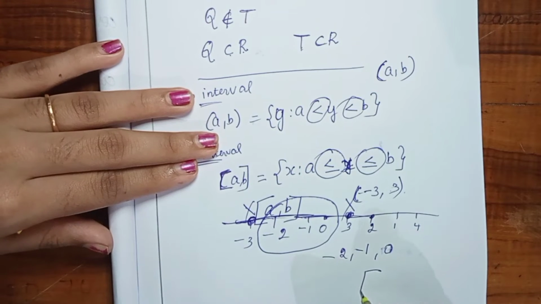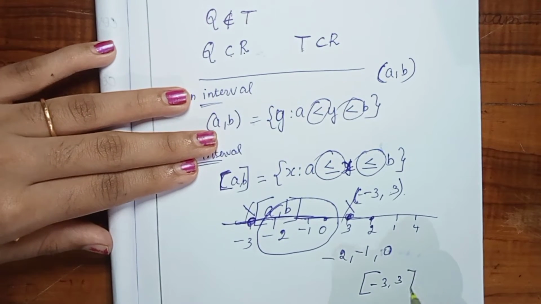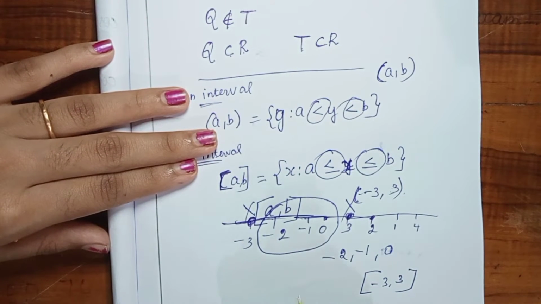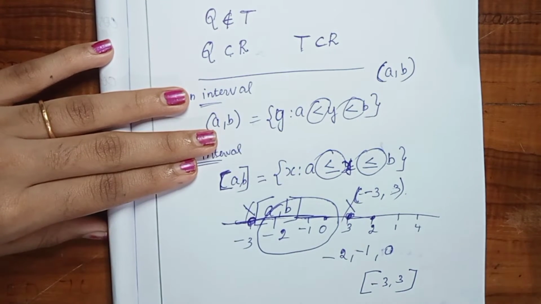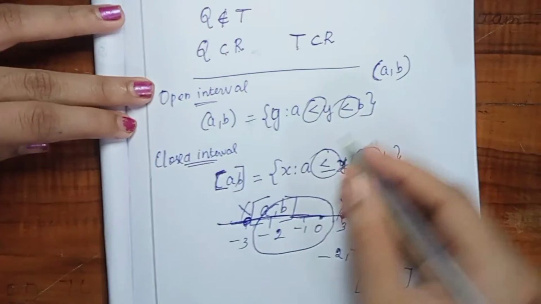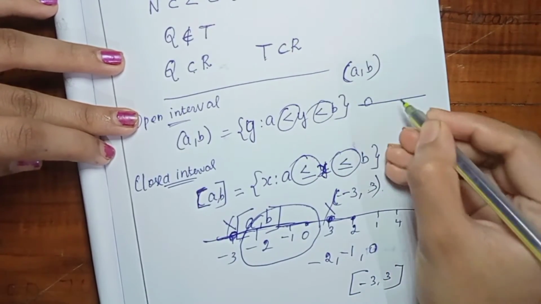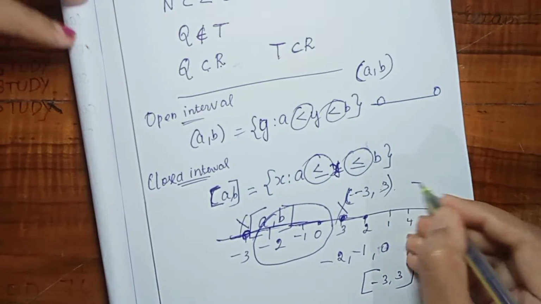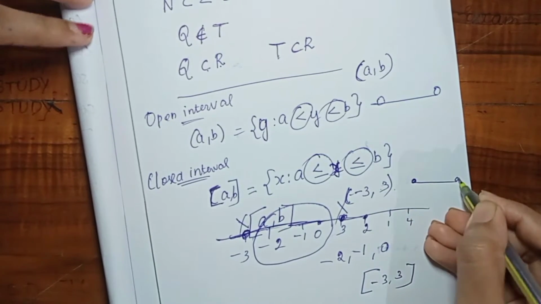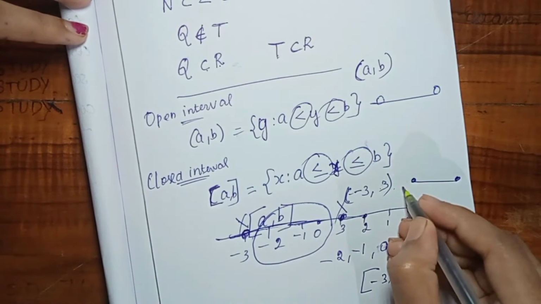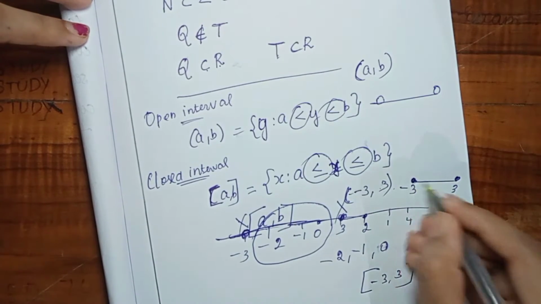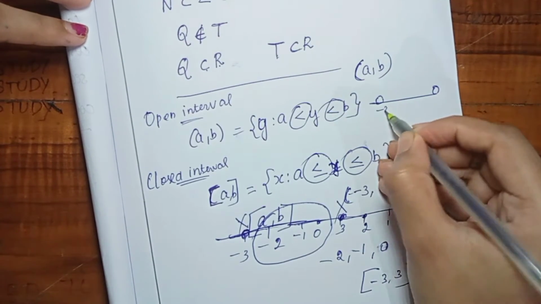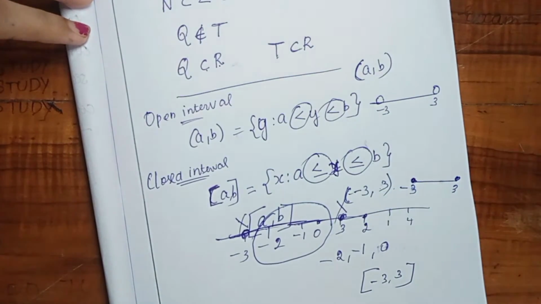But if the bracket is like this, [-3, 3], you will also include -3 and 3 while writing. For an open interval, while drawing a number line, we put like this. For a closed interval, we denote like this. For example, for -3, 3, you mark a closed interval like this and an open interval like this.